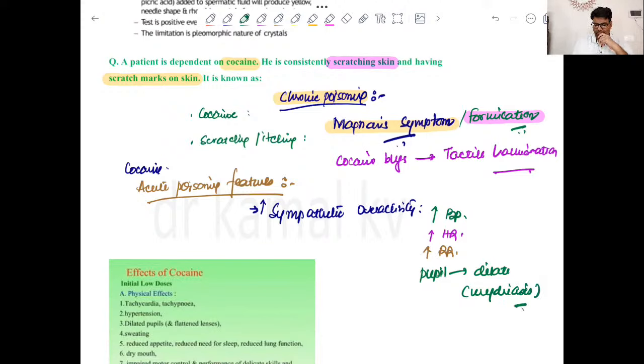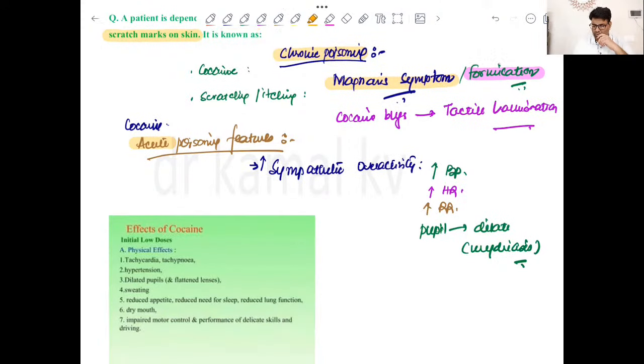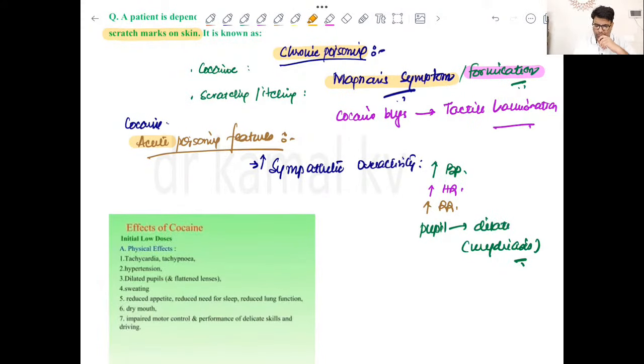Clear? So at times, just to confuse you, they won't give you the exact chronic poisoning features. They might put you in this acute thing, so you should know this as well. So the point which you need to remember is tachycardia, tachypnea, hypertension, and dilated pupils, right? And of course, diaphoresis is also good.